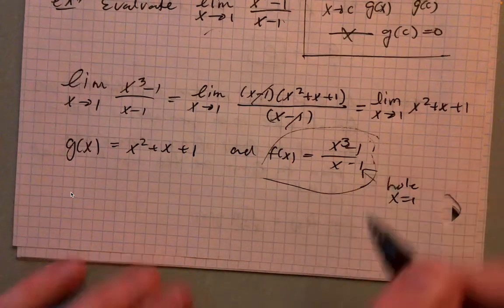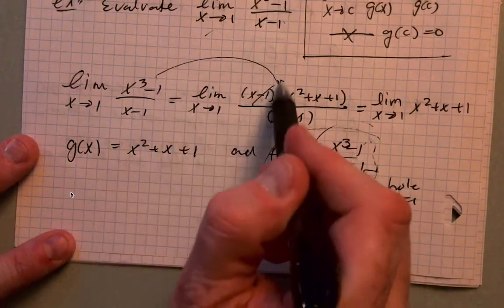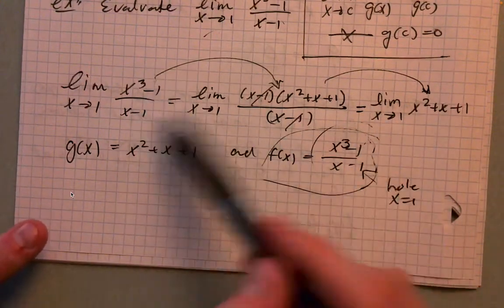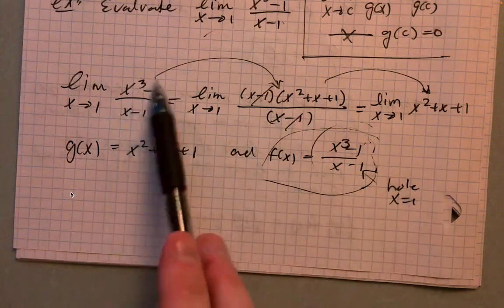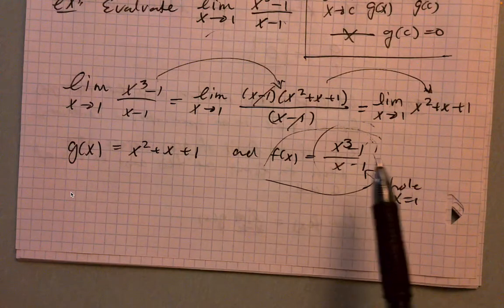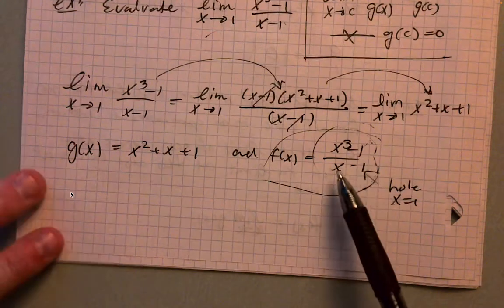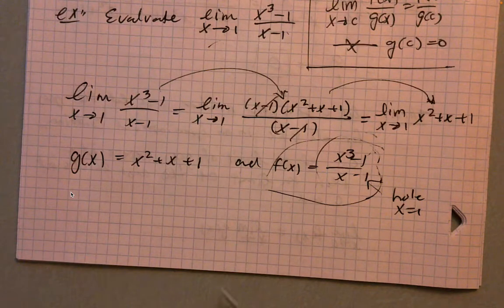But what you can see is that we can take this function f of x and expand it, then do some cancellations, and we see that the two functions, f and g, are equivalent everywhere except for x equals 1. Naturally, if this function is equal to that, which is equal to that, then the functions are the same, except this one has a hole in the domain. So this is a direct application of the previous theorem. We can see that g of x and f of x will agree at all values of x except for x equals 1.